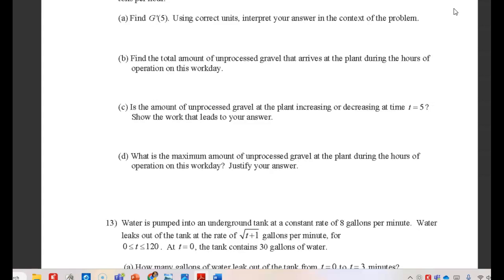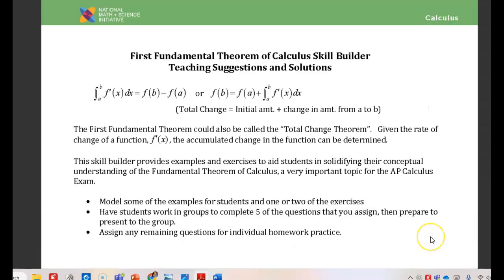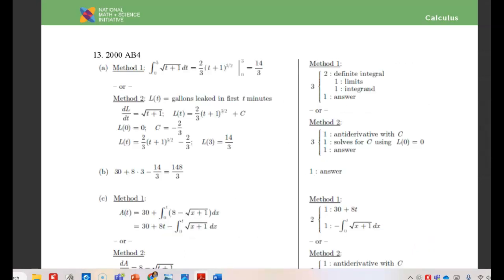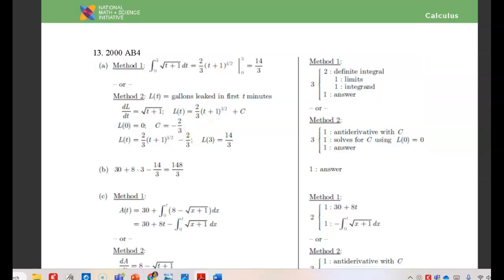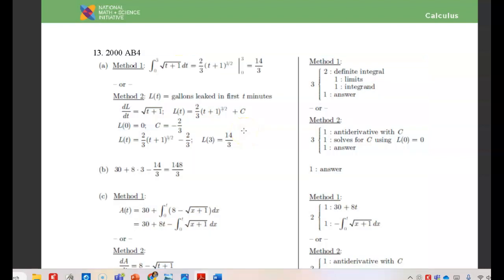Yeah. So in 13, we would do method 1. We would not look down here at method 2. So you would go from 0 to 3. You would integrate that function on your calculator and get 14 thirds.